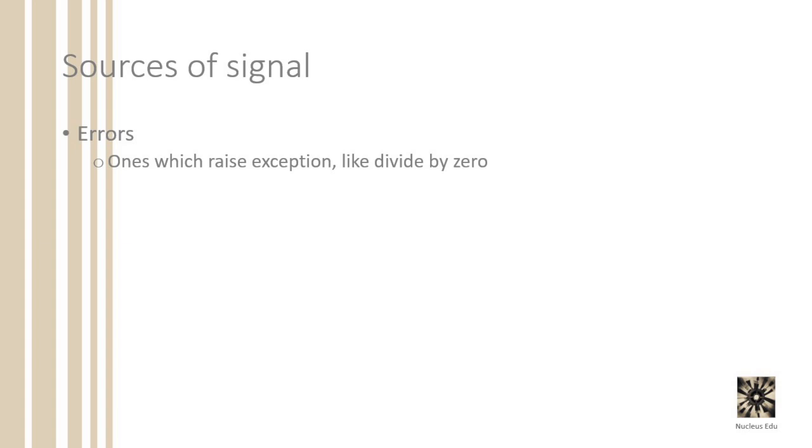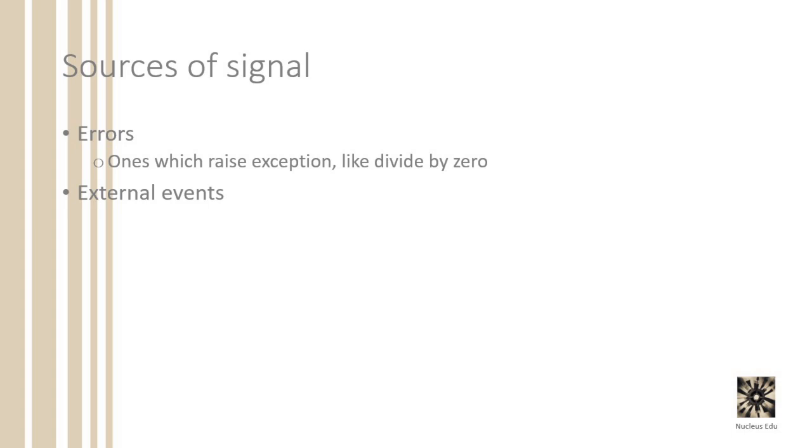In general, errors that are necessarily associated with certain library functions are reported by returning a value. The errors which raise signals are those which can happen anywhere in the program, not just in library functions. These include division by zero and invalid memory addresses which would result in a segmentation fault.